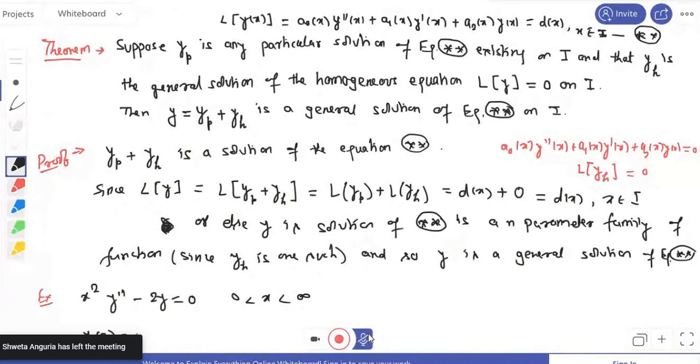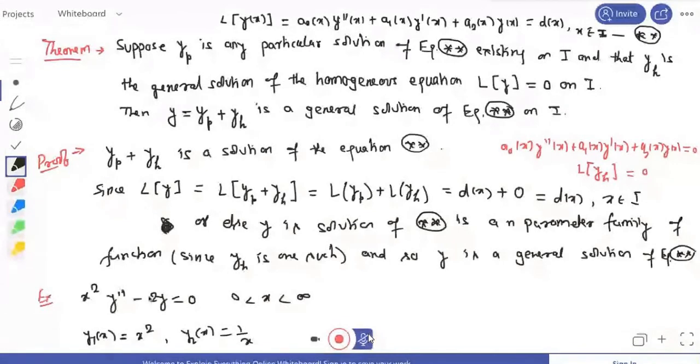The first one is y1 x equals x square, and y2 x is 1 by x. These are two solutions of this homogeneous differential equation. Okay, so the solution is c1 x square plus c2 of 1 by x. Or in another method, you can solve for the roots of the differential equation and check.